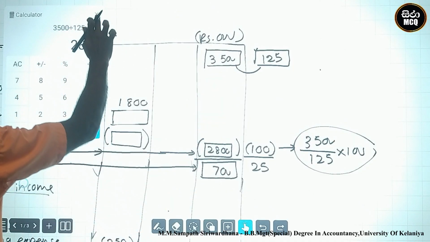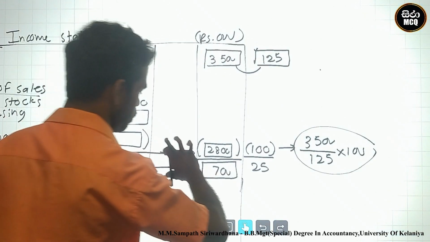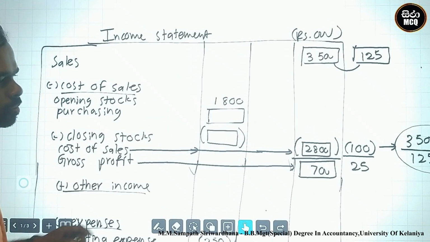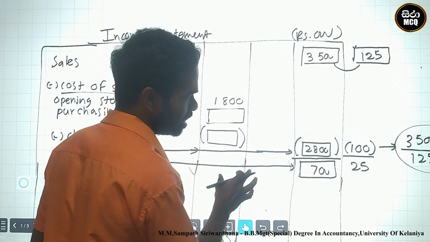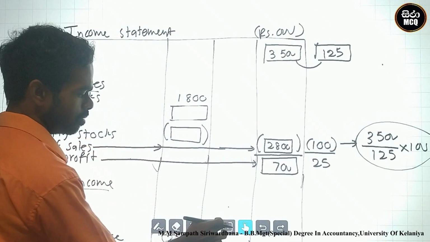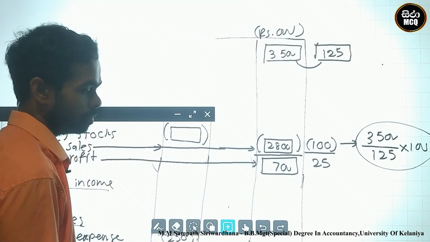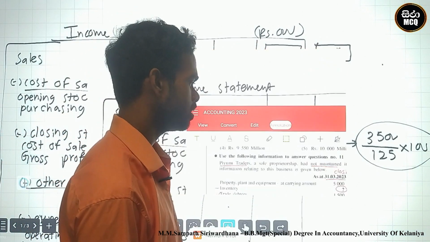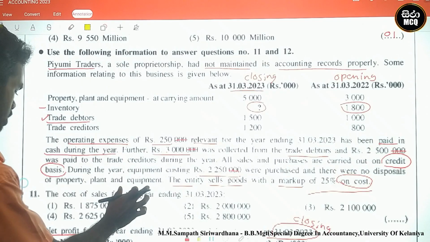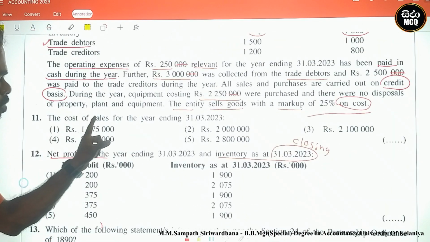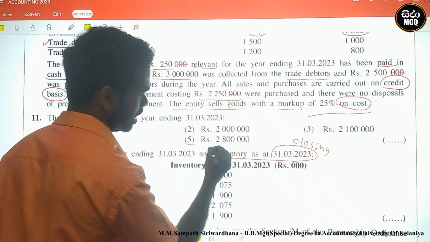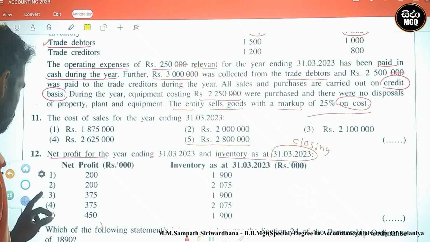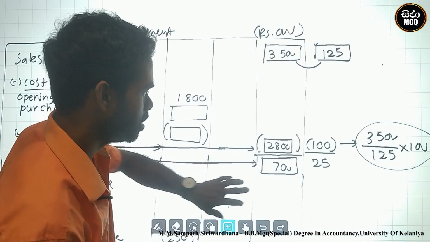Cost of sales was 2800. This is the answer for question number 11. They required the cost of sales for the year ending 31st March. What is the answer? 2800.